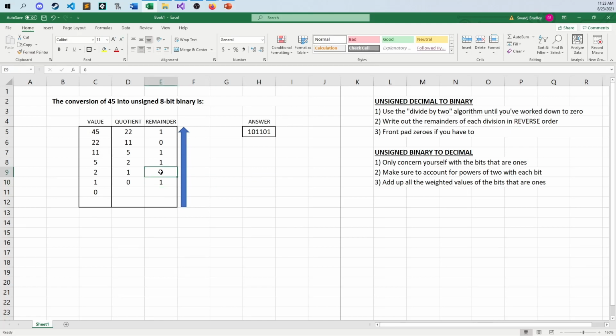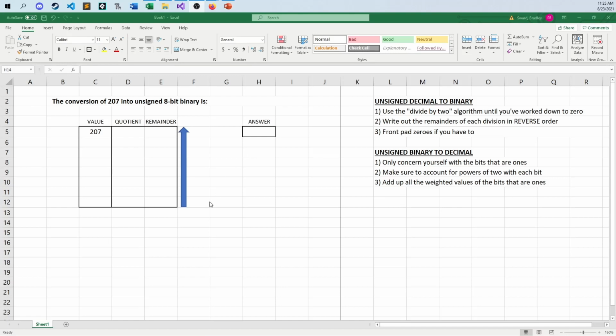Now I have 6 bits, but this is asking for 8-bit binary, so I have to throw in 2 bits up front. 0, 0, 1, 0, 1, 1, 0, 1. And since this is 13 in binary and that is 32, that's how I know it's 45. But again, we'll cover how to work our way backwards from 8-bit binary into decimal in a minute or two.